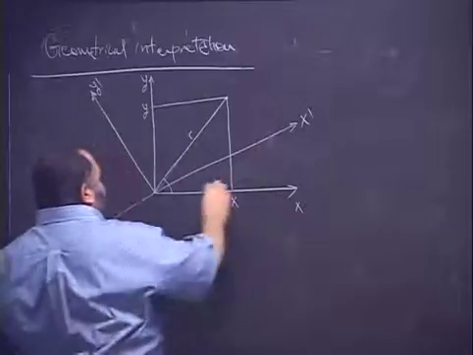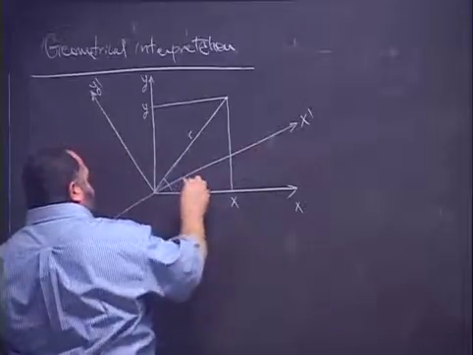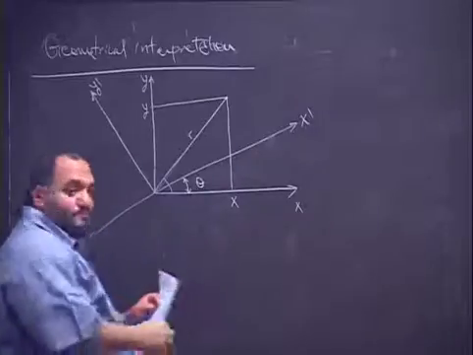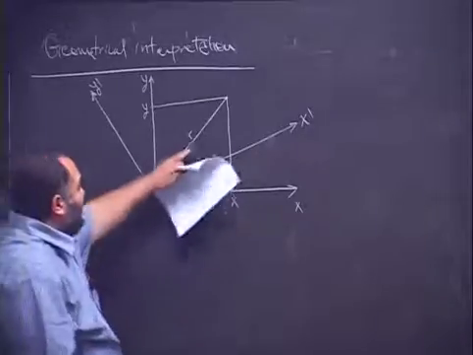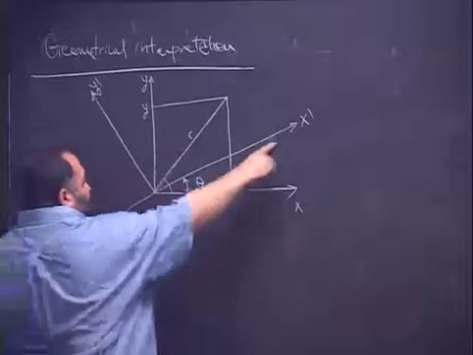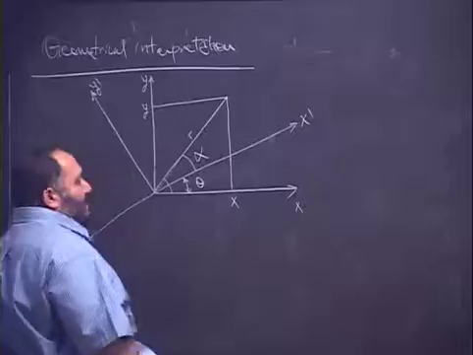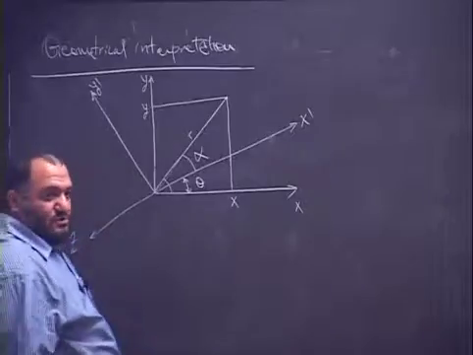I rotate the axes by theta. What's the angle between the vector r and the new x prime? I will call this angle alpha. Okay guys?